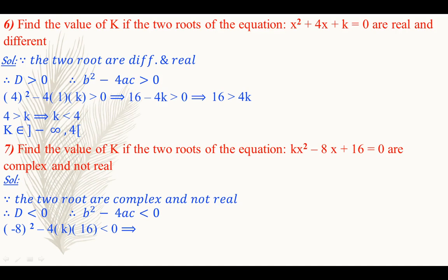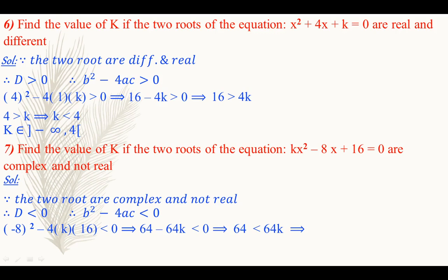So you will find that negative 8 power 2 equals 64, negative 4 multiplied by k multiplied by 16 will be negative 64k. So now we have 64 minus 64k smaller than 0. Okay, negative 64k will go to the other side, so it will be 64 smaller than 64k.